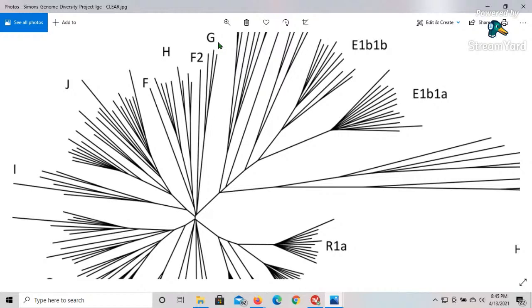actually the sons of Shem, right? When you consider Arphaxad. So it's Arphaxad, Aram, Elam, Lud, and Asher.